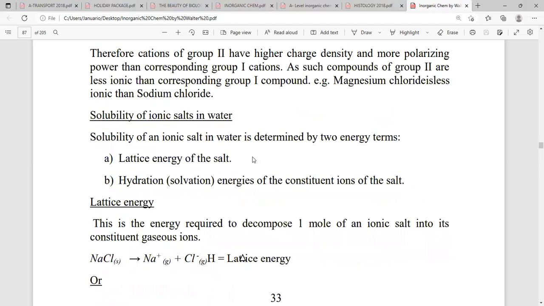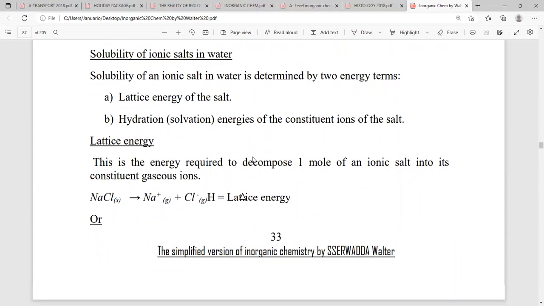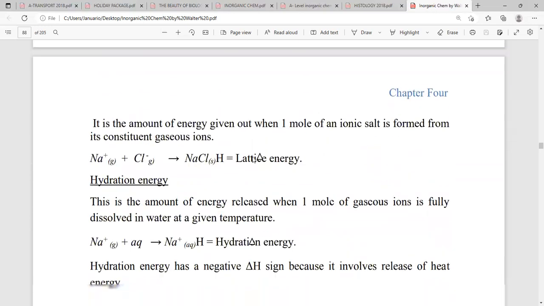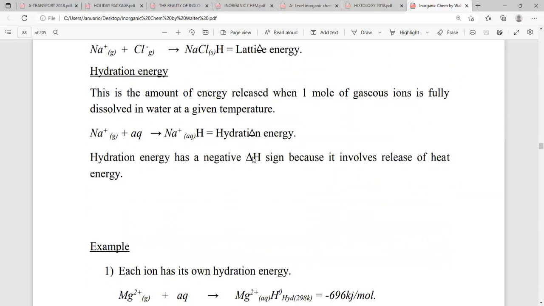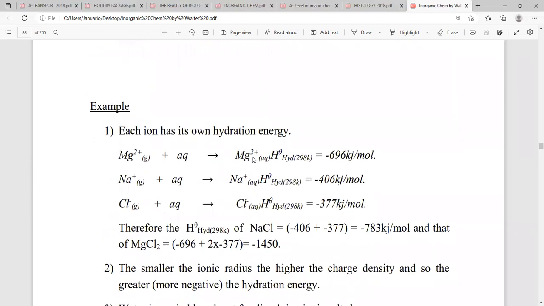The solubility of an ionic salt is determined by two energy terms, as we saw, that is lattice energy and hydration energy. We looked at that in the previous video. You go on and calculate these examples.